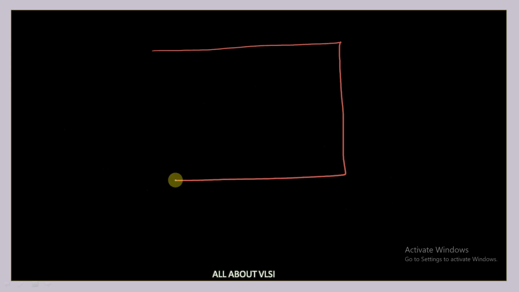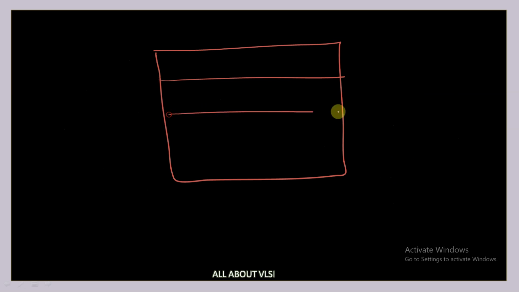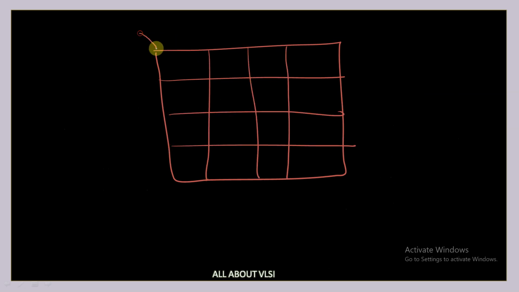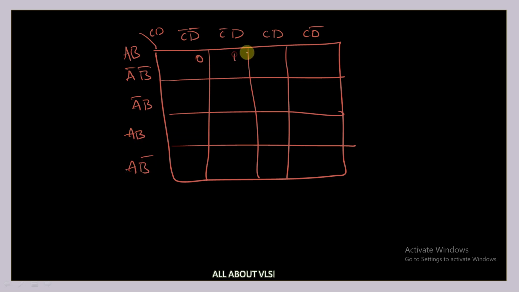Okay, so just simply draw a K-map for this 4 variable K-map. A, B, C, D, C bar D bar, C bar D, C D, C D bar, A bar B bar, A bar B, A B, and A B bar. 1, 3, 2, 4, 5, 7, 6, 8, 9, 11, 10, 12, 13, 15, 14.